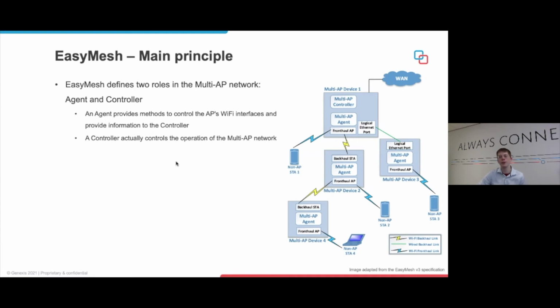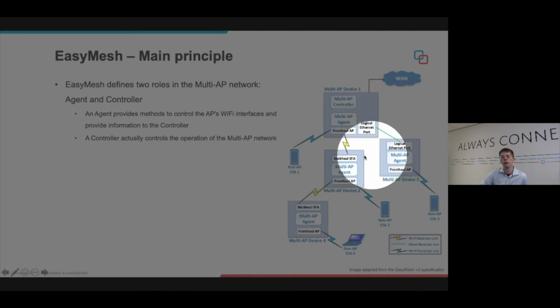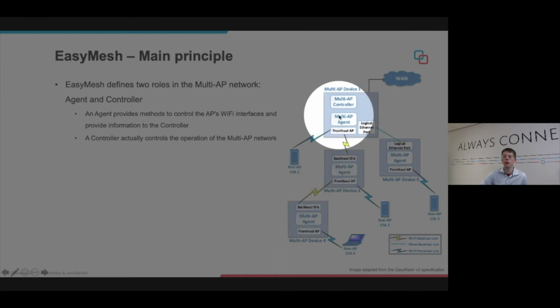And as the name implies, the role of the controller is the one who actually controls the operation of the multi-AP network. So if you look at the diagram here, you see that we have an uplink somewhere in our network that goes out of the home. And then we have here four multi-AP devices that are connected in various ways.